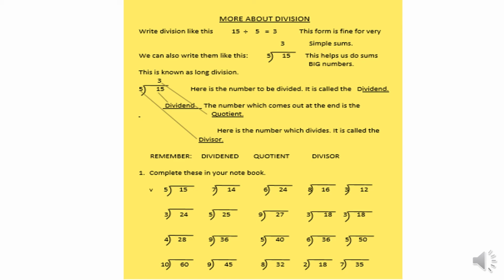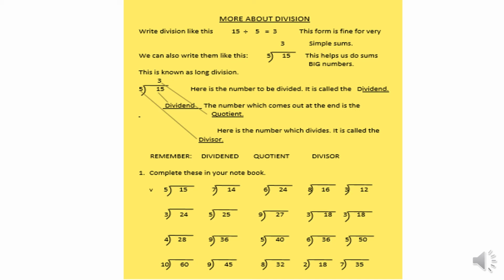Here is the number to be divided. It is called the dividend. The number which you have to divide is called the dividend. And then the number which comes out at the end is the quotient. The number or the answer is called the quotient. I have labeled it.